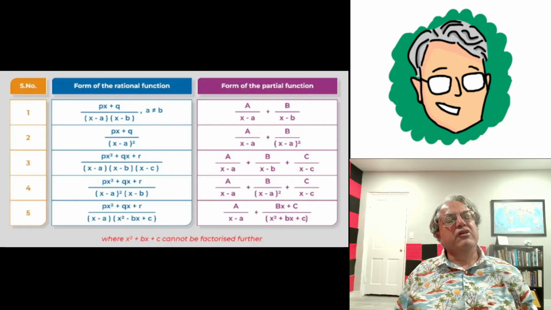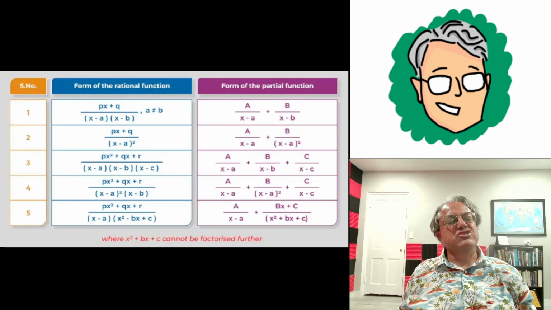But anyway, what you're left with when you do the partial fraction is something in the form capital A over x minus a plus capital B over x minus b, where capital A and capital B are unknown constants. We can solve for them by solving the equation, left side equals right side.